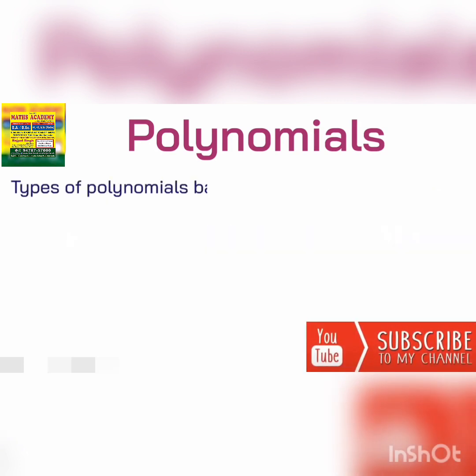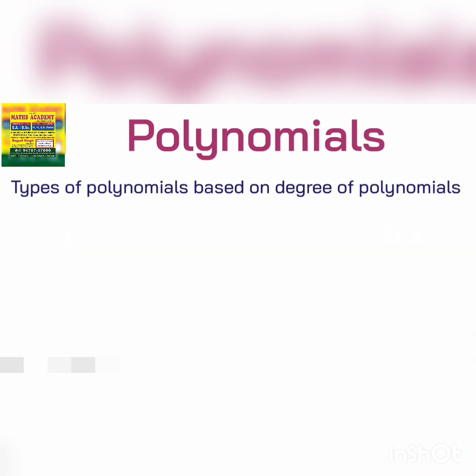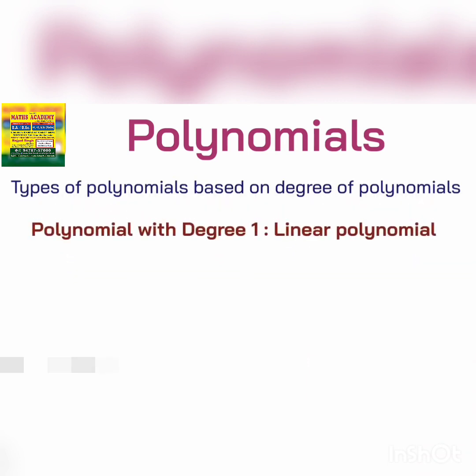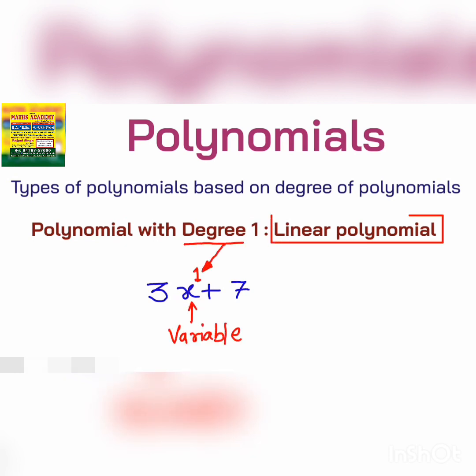Now let's understand the types of polynomials based on the degree of polynomial. The polynomial of degree 1 is called a linear polynomial. For example, 3x plus 7. Here, the highest power of variable x is 1 because x can be represented as x to the power 1. This is a linear polynomial.